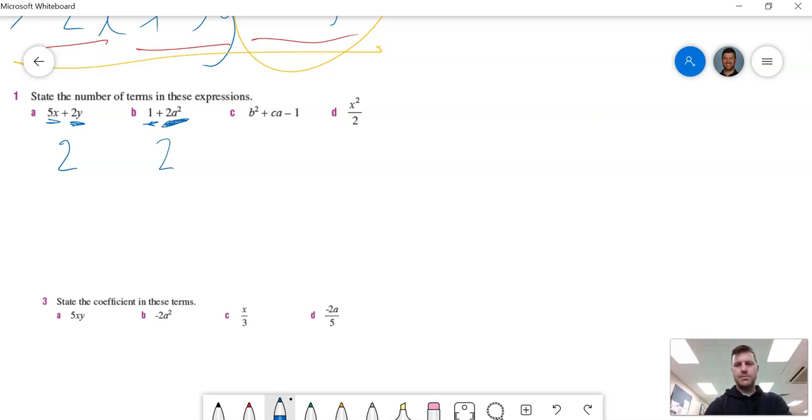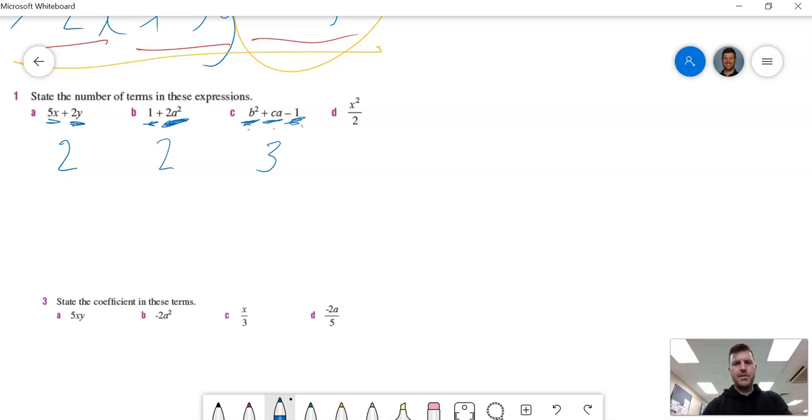It's 2, isn't it? Right. In question 1c, I have b squared. Again, the coefficient of b squared here is 1. I have positive ca, and I have minus 1, which is a constant term, but it's still a term. There are 1, 2, 3 terms in this expression.